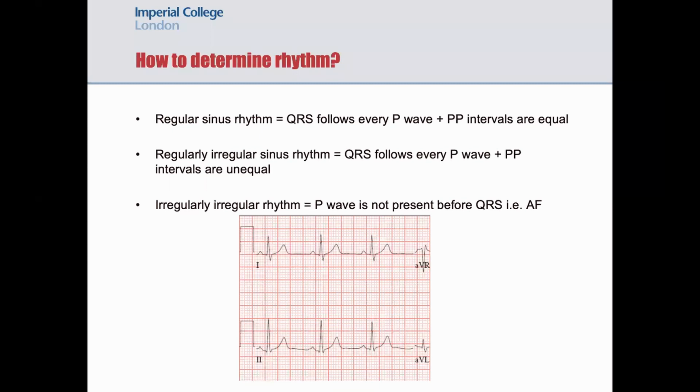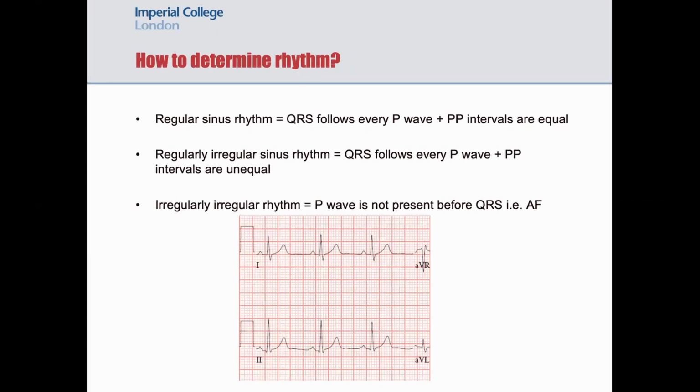In regularly irregular sinus rhythm, you still have the P wave present before every QRS, but the P to P intervals are unequal. Essentially that just means your SA node is discharging at an irregular rhythm.